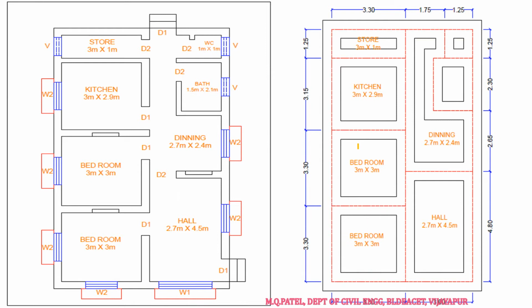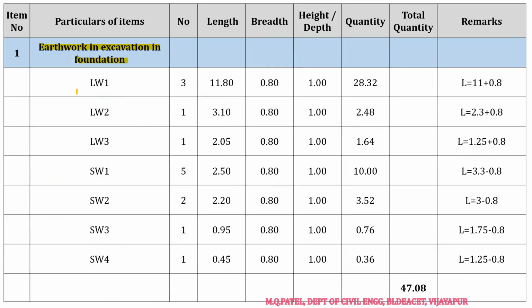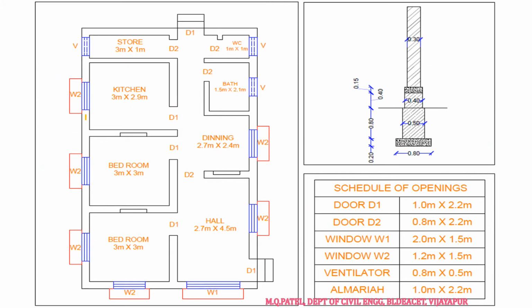So if you see now, here in this right side view, I have drawn the center line. Now if you see, this wall thickness is 300 mm, and here we have a 200 mm thick wall, right?